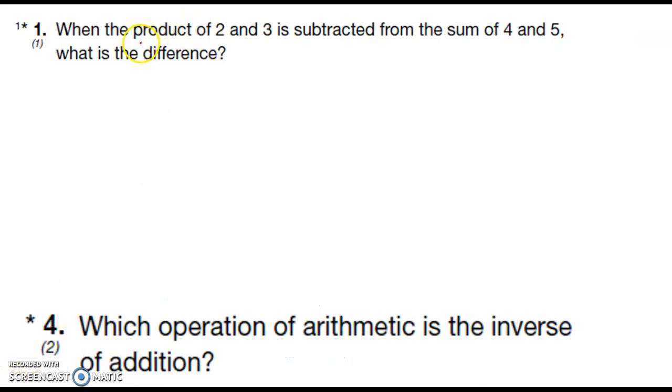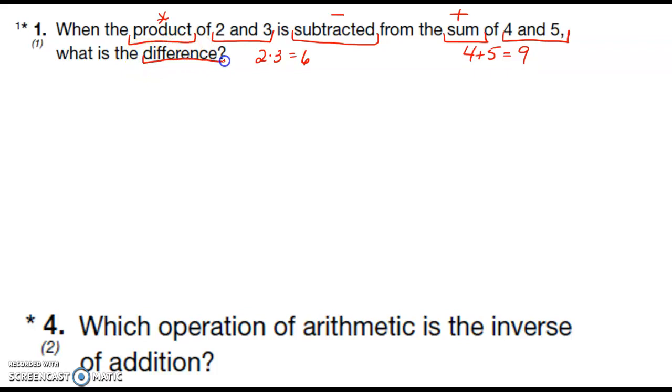Okay, so let's read the first problem. When the product, so product is multiply, of 2 and 3, so I have 2 times 3 is equal to 6, is subtracted from the sum of 4 and 5, so 4 plus 5 is equal to 9.